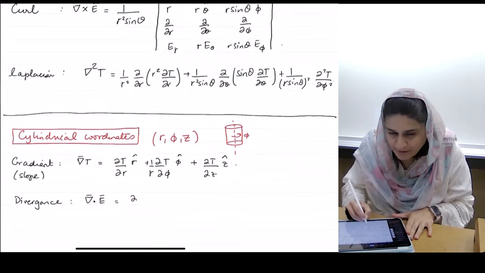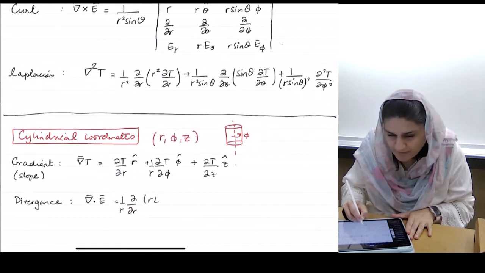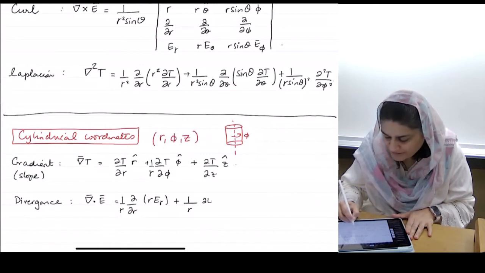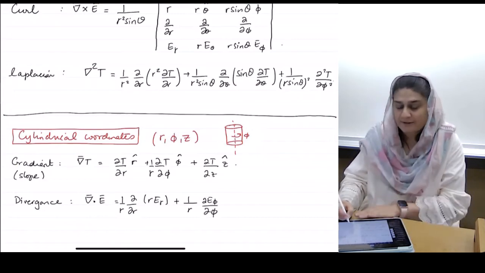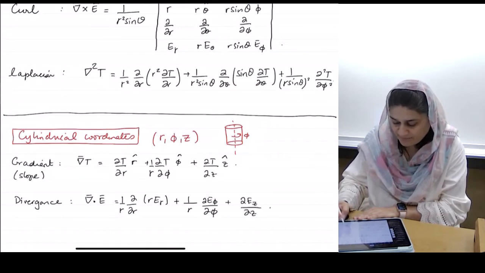So it'll be 1 over r partial over partial r of r E r, plus 1 over r partial E phi over partial phi, plus partial E z over partial z.